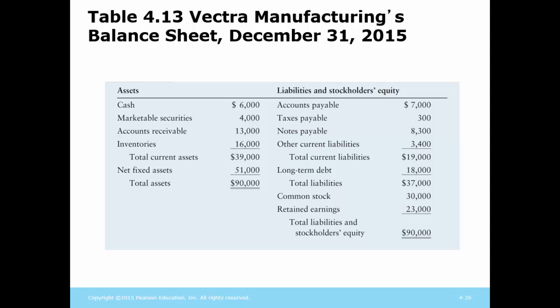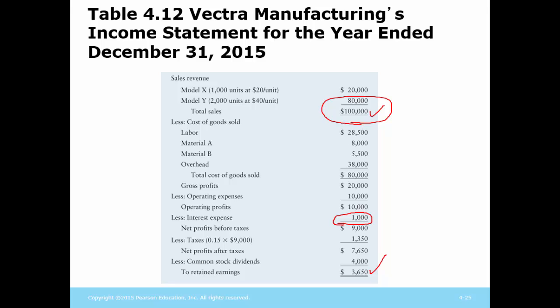Once we have determined here is the current balance sheet, but let's say that we expect total assets to increase by $10,000. If you look back here, retained earnings next year is only going to increase $3,650, at least that's our forecast, $3,650.